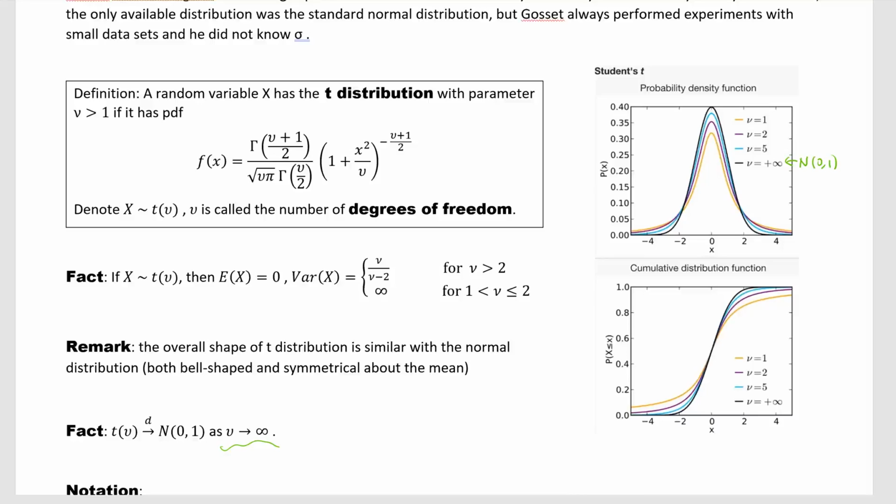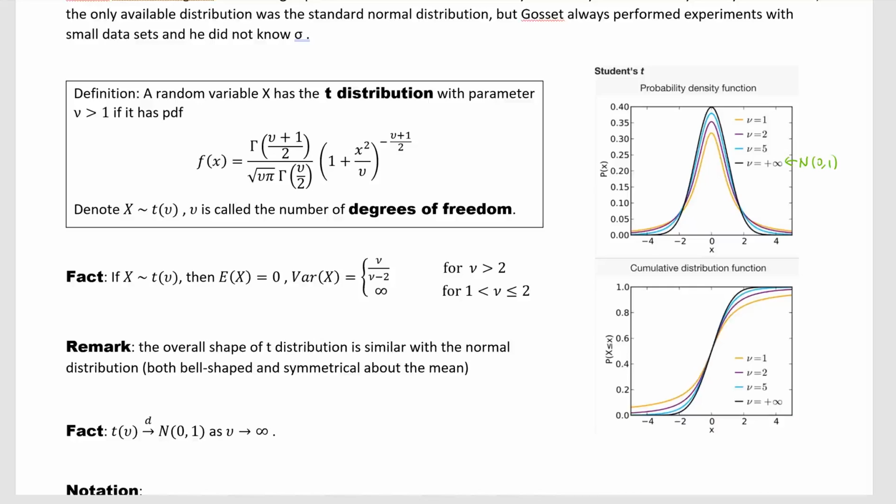So this is the PDF, and here you can see the CDF, which is increasing. You can see that when nu goes to infinity, the t-distribution converges to the standard normal distribution. Do you still remember last class we talked about two types of convergence? We have convergence in probability and convergence in distribution.